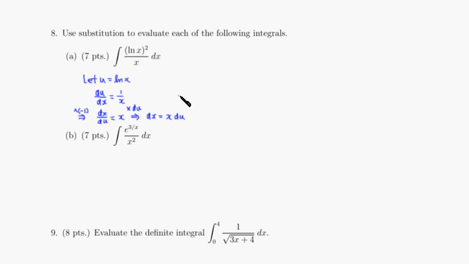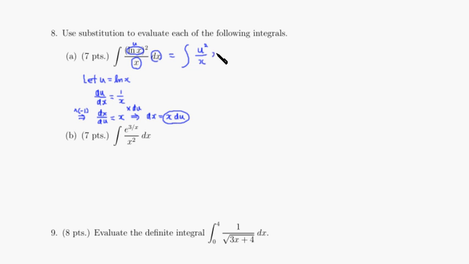All right, let's plug it in. We decided to call natural log of x u. So you have the integral, and you have u squared on top. I'll leave x as it is for now. Then you have a dx, but the dx is the same thing as x du.